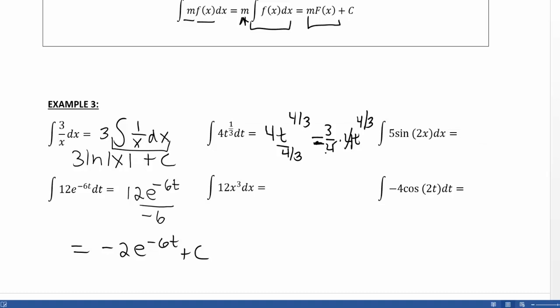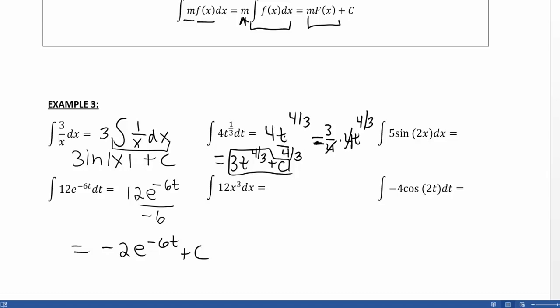The 4's are going to cancel here. And I'm finally going to be left with 3t to the 4/3 plus c. So again, when I simplified here, I didn't want to divide by a fraction, so I multiplied by the reciprocal, which was 3/4. And when the 3/4 multiplied the 4, I ended up with just a 3.